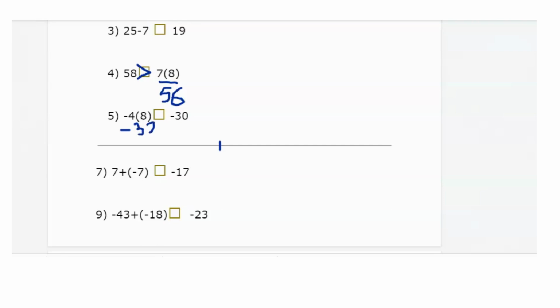It doesn't work that way, especially when it comes to negatives. I'm going to explain why negative 32 is smaller than negative 30.